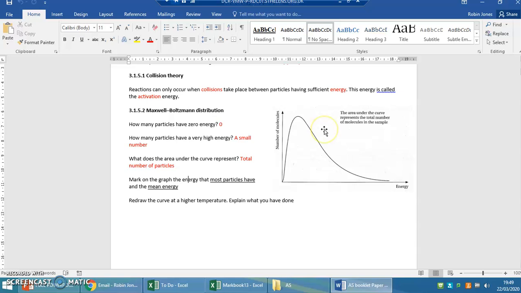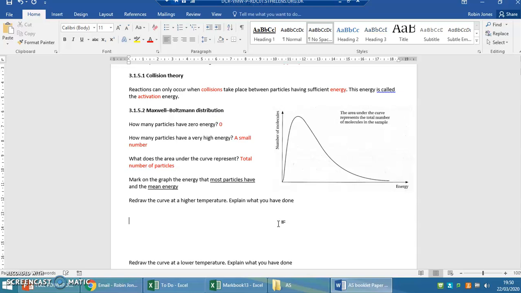And the reason that peak is lower is because if you've got the same sample of gas, you've got the same number of molecules. So if it comes from here and it's higher over here, that peak must be lower here, further to the right and lower, so that the area underneath the curve remains the same, because the total number of particles remains the same.